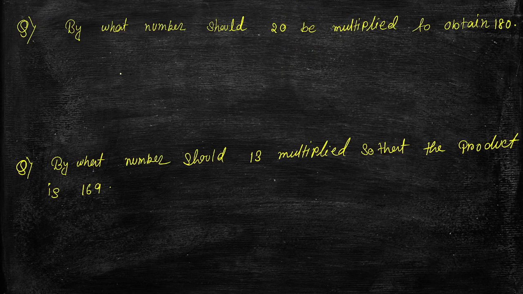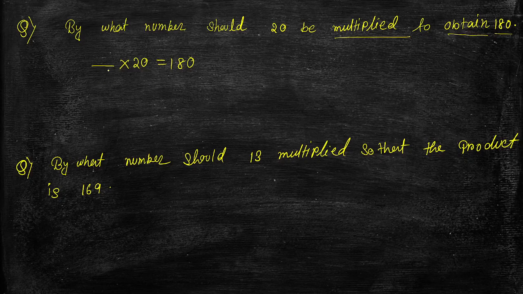So this kind of question you have done in your class 3, 4, right? By what number should 20 be multiplied to obtain 180? So how we'll do this kind of question? Suppose there is a number which is multiplied by 20 and you will get 180.